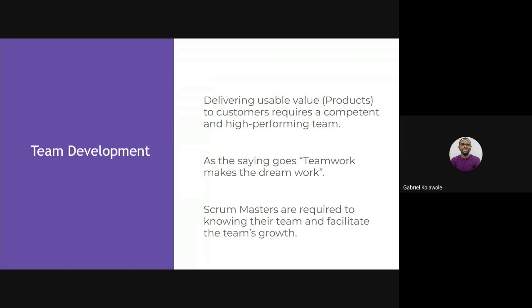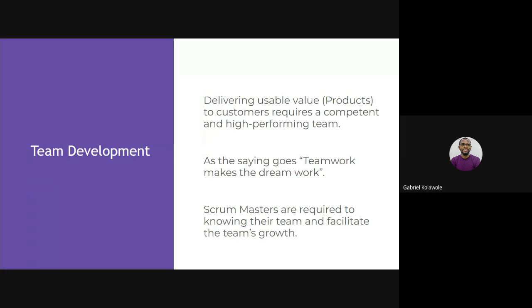So when we talk about team development, developing or delivering usable value, that's products, to customers requires a competent and high performing team. It is not a new thing. Founders these days are advised, please hire great talent, get good people on your team. It is very, very important, and that is why team is very important.